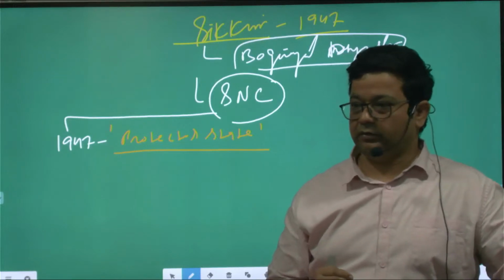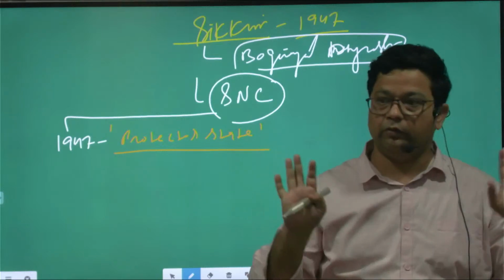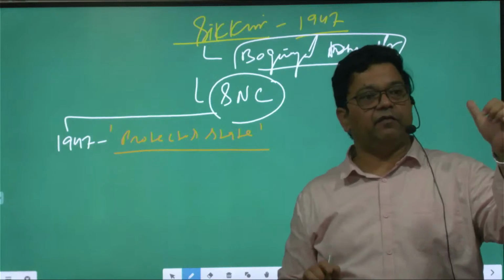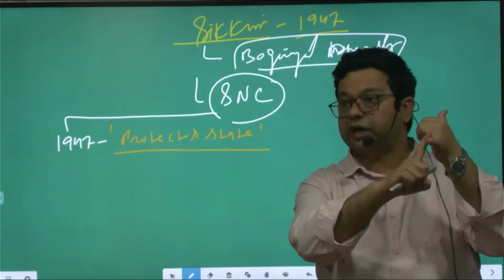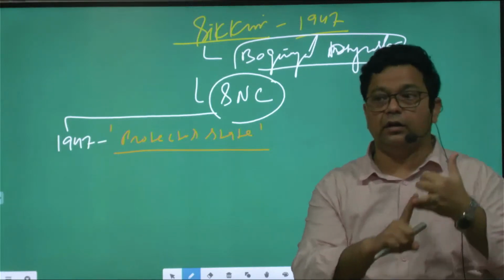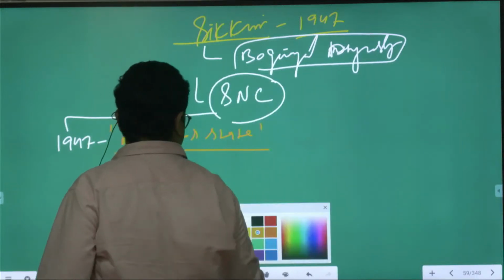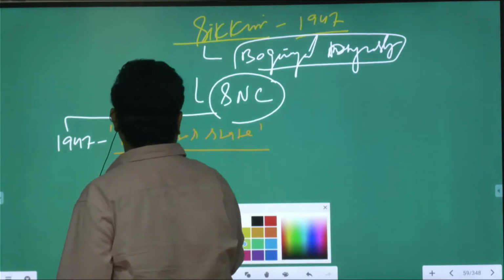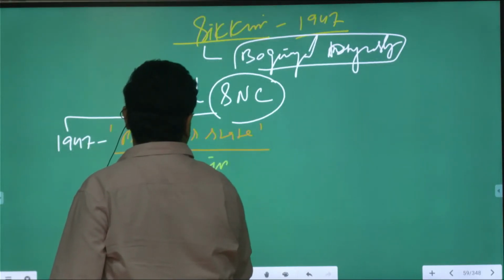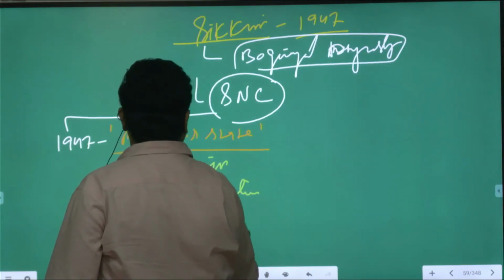Paramountcy arrangement. So the arrangement was like, India said you rule your own nation. India will be in charge of foreign affairs, communications, and defense.